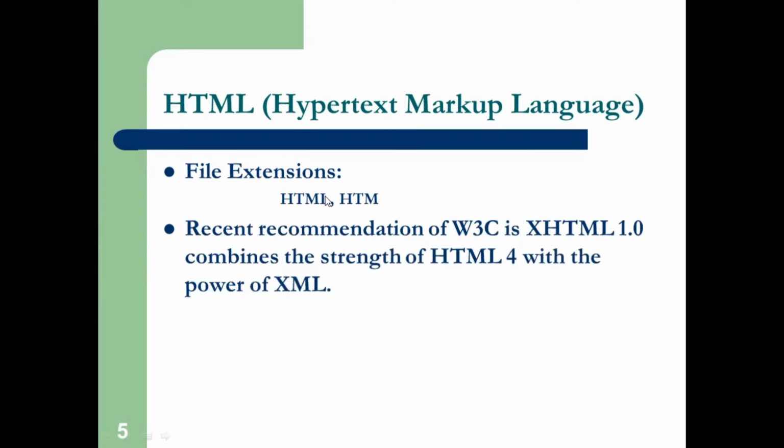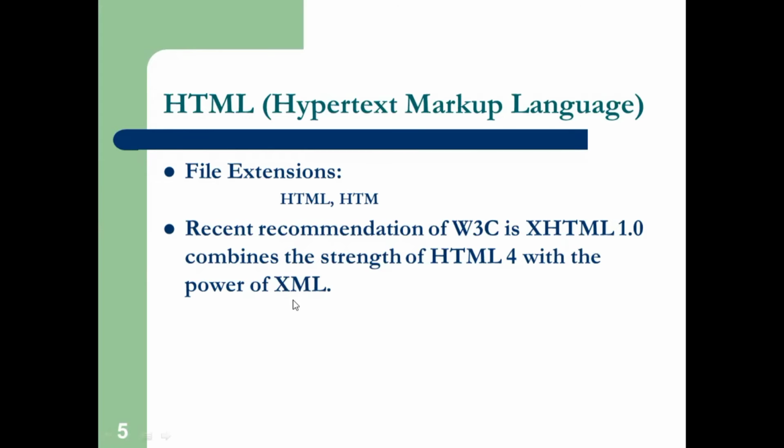The recent recommendation of W3C is XHTML. XHTML is an advanced version of HTML4, combined with XML. XML is a markup language that has the information of your HTML code, and it links your code with other languages.